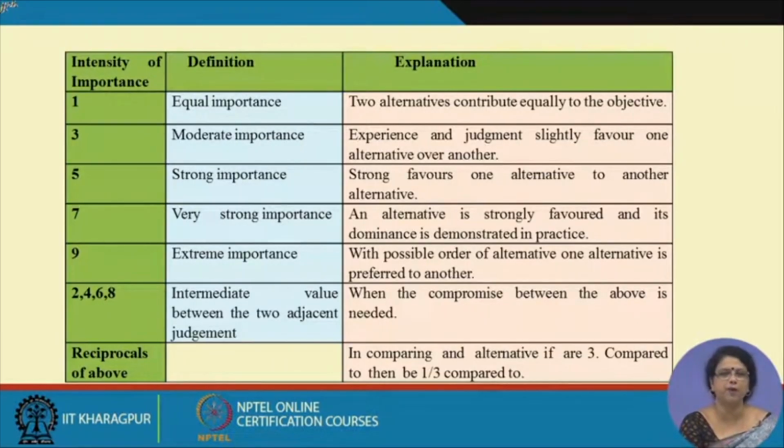With respect to property price, location A is strongly important than location B, give 5. But if I ask about B with respect to A, then it will be 1 by 5. That way you give your preference within the scale.